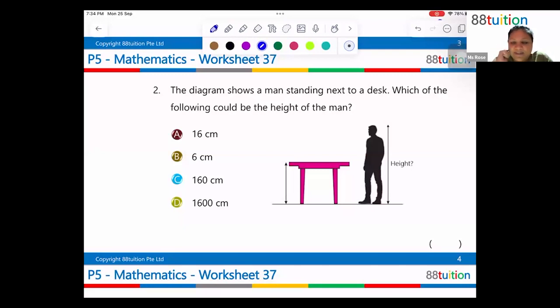That's my height, you know. So if the height of the table is at your waist, that's about half of your height. So an average person will be about 160 cm. So that's about 1.6 meters. Means I'm average. Okay, so that's C.